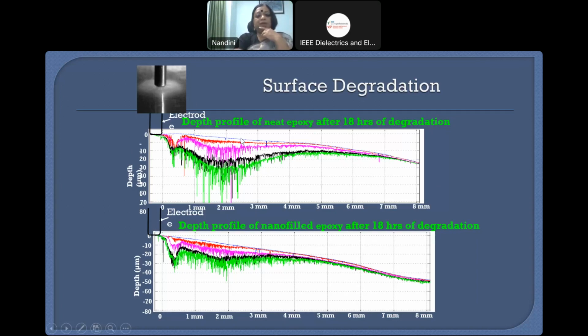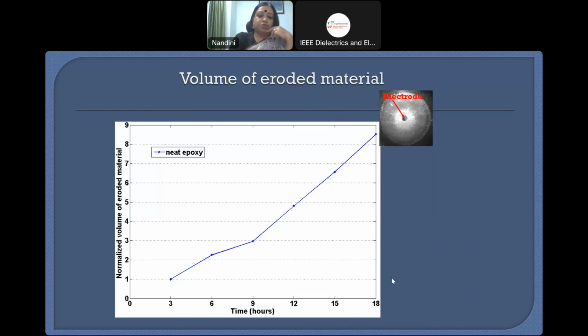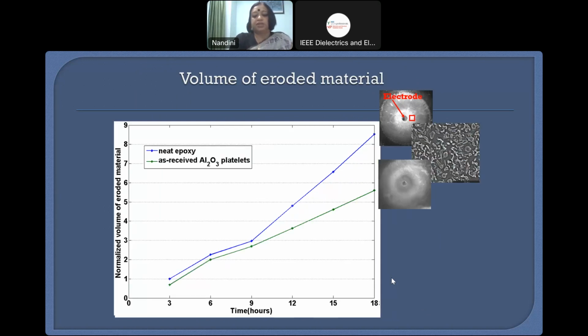Now, if you look at these two pictures, you can clearly see, even with the naked eye, that more material has been scooped out from the top surface, which is the epoxy surface, rather than the nanofilled epoxy at the bottom. So if you measure the volume of the surface that has been scooped out due to degradation, as you can see, for neat epoxy it increases with time of degradation.